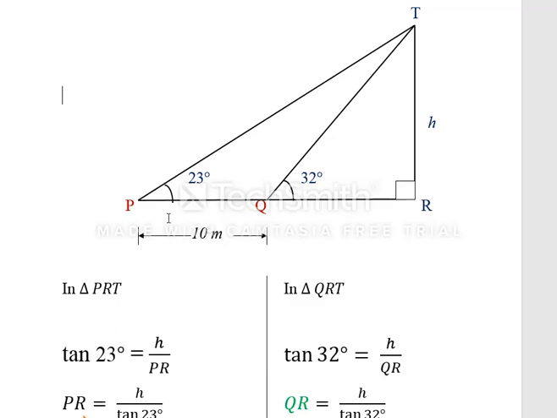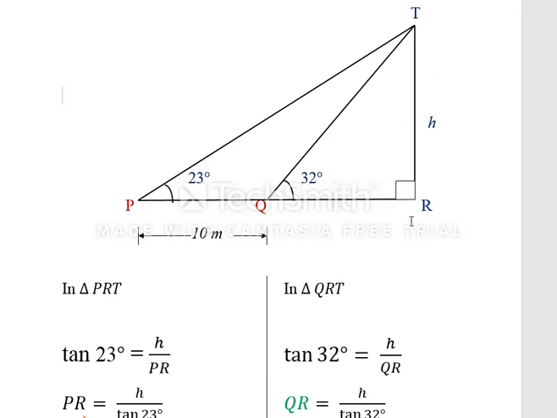Here in this figure we have two right angle triangles. The first one is the big right angle triangle PRT, and the second right angle triangle is QRT. In the big right angle triangle, PRT, tangent 23 is perpendicular over base.